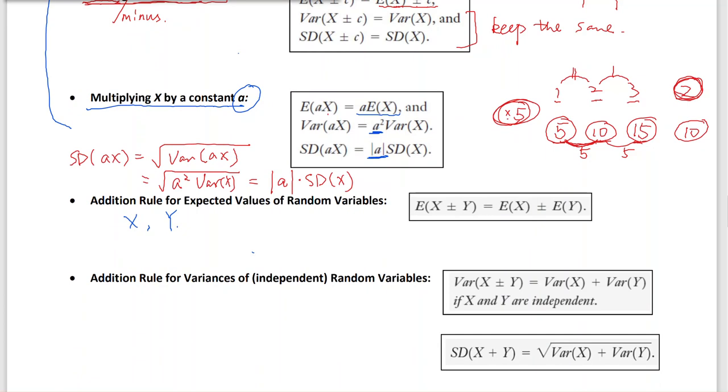If I have two variables, then we have an addition rule for the expected value of the two random variables.